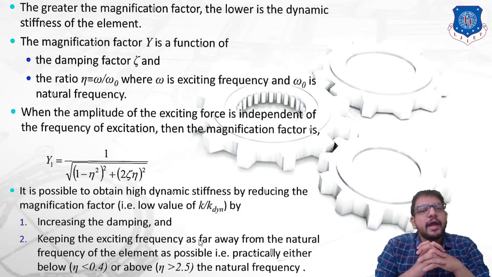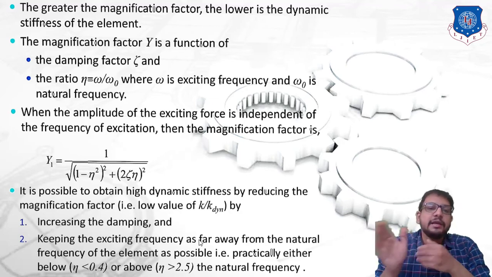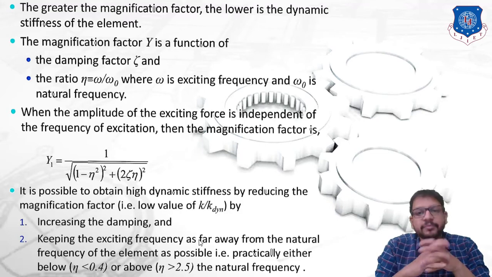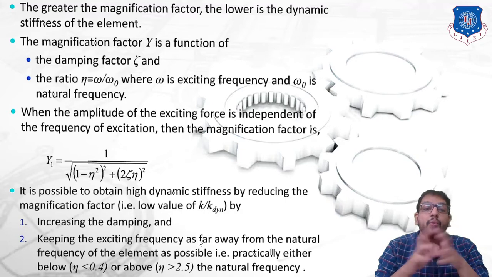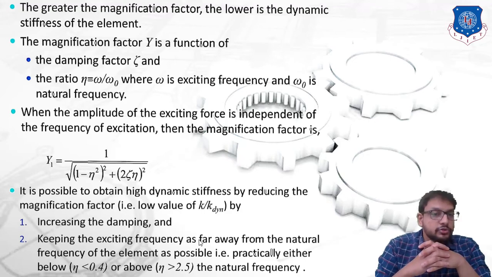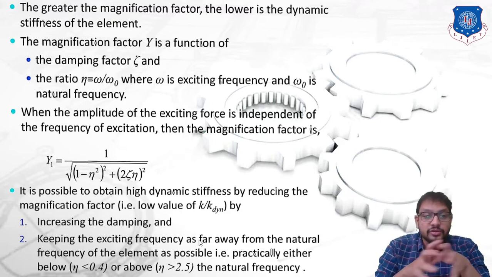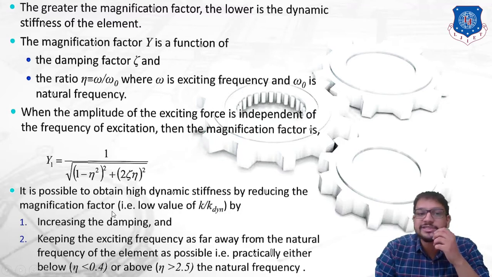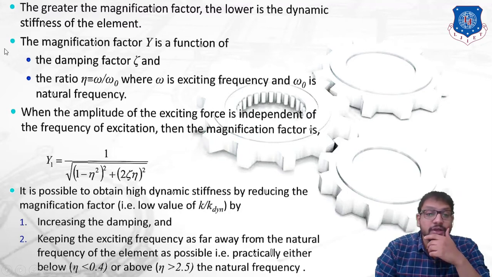When the amplitude of the exciting force is independent of the frequency of excitation, the magnification factor gamma can be written as gamma is equal to 1 upon the square root of (1 minus eta squared) the whole squared plus (2 zeta eta) the whole squared. Here eta is the ratio of exciting frequency to natural frequency, whereas zeta is the damping factor. These parameters and this equation you have already studied in the subject dynamics of machinery, in the vibration topic, so we are taking the equation directly from that subject.